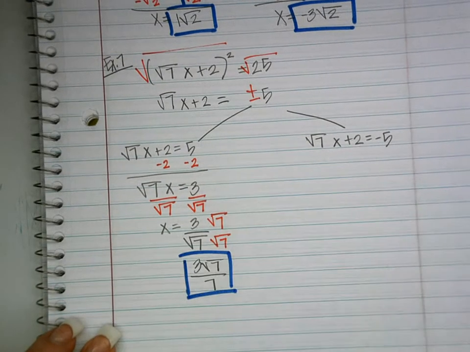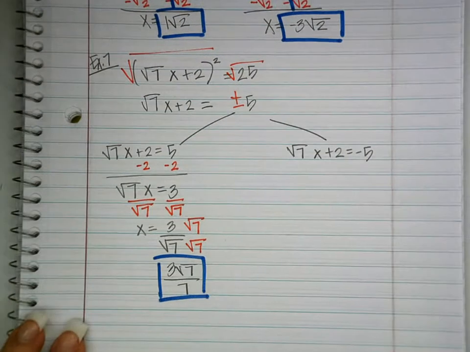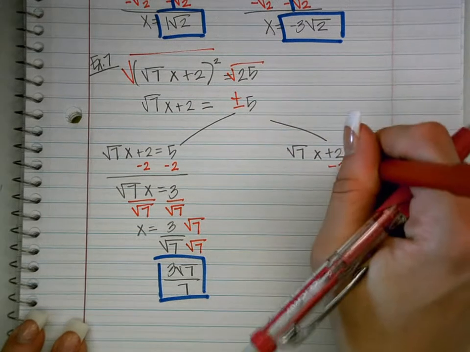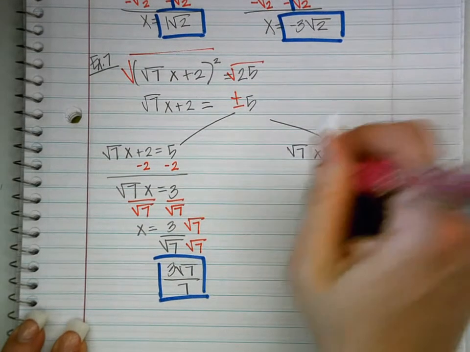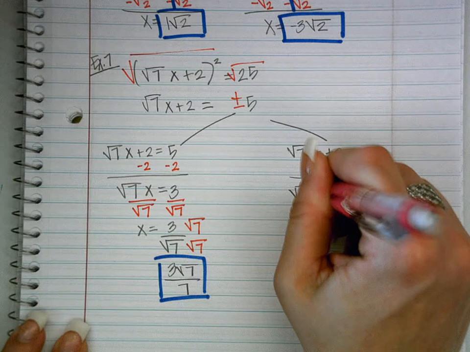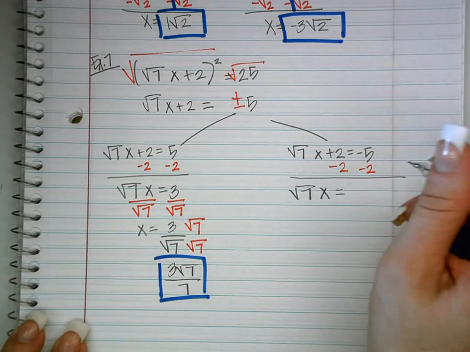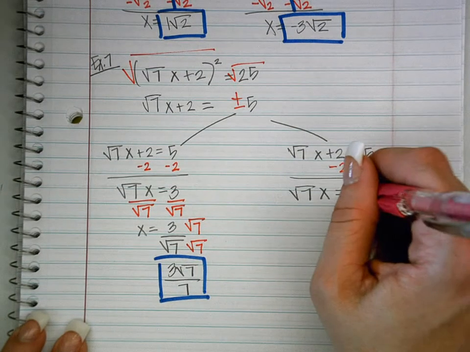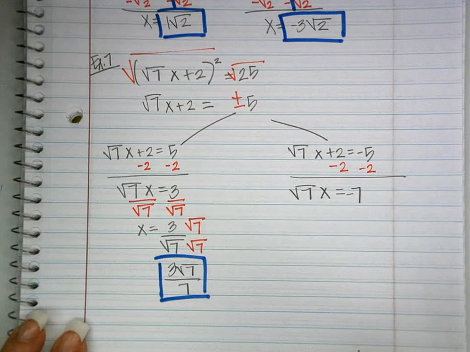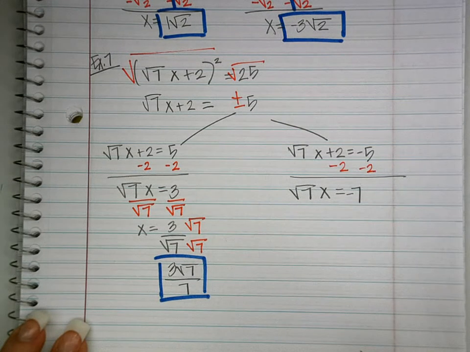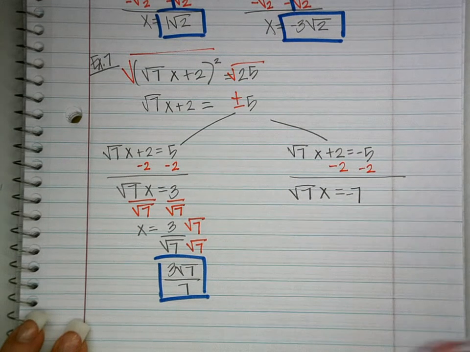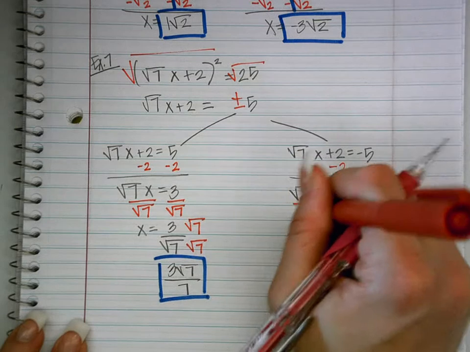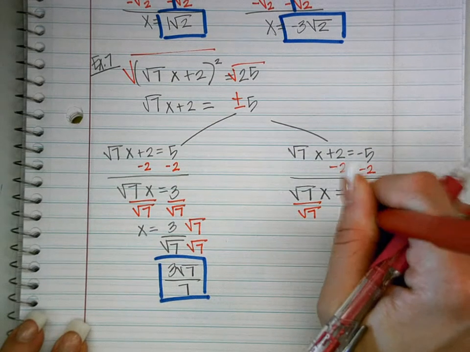Then you're going to follow the same procedure on the second one. So start by subtracting 2. Leaves us with root 7 times x equals negative 2 minus 5 gives you negative 7. To get x by itself, divide away the root 7. So divide both sides by root 7.